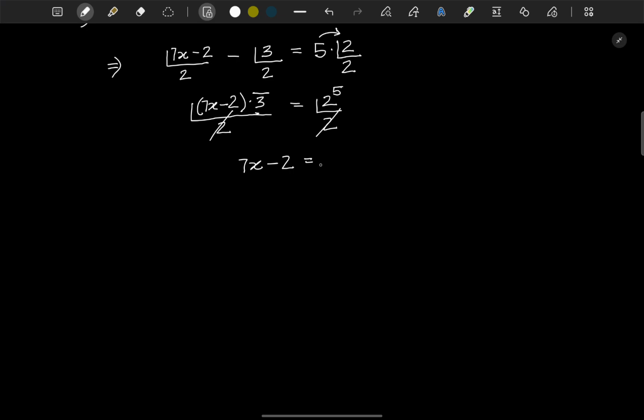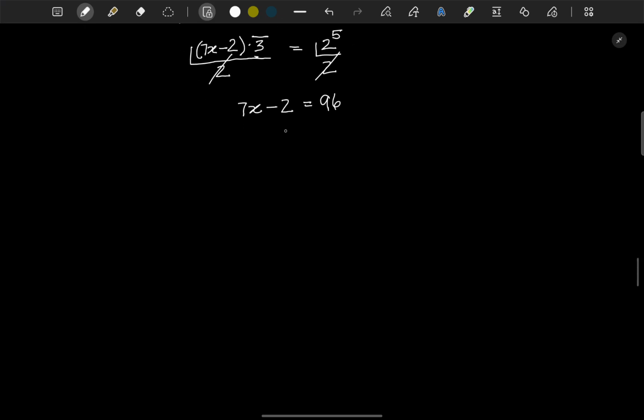So it's 32 times 3 becomes 96. And then it's basic algebra. 7x equals 98. So x is equal to 98 divided by 7, which is 14, I think. And there's our answer.